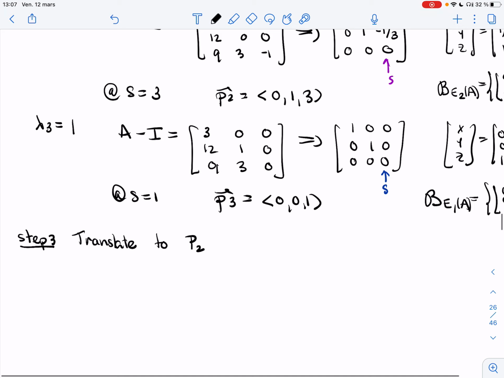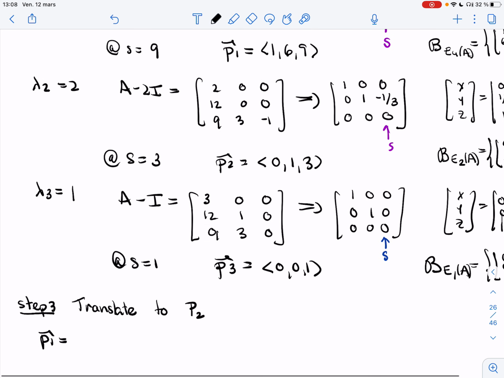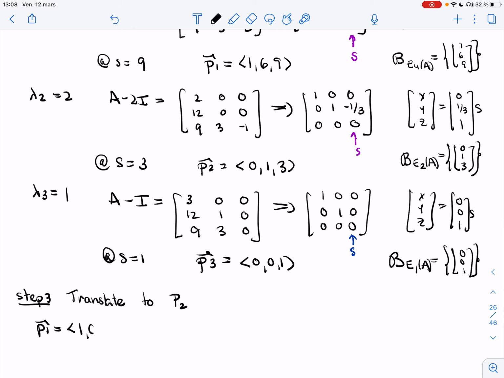All right, so P1 was (1, 6, 9). And so the first polynomial will be 1 times x squared plus 6 times x plus 9.